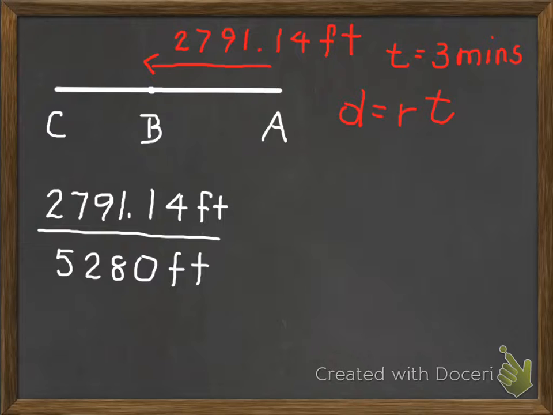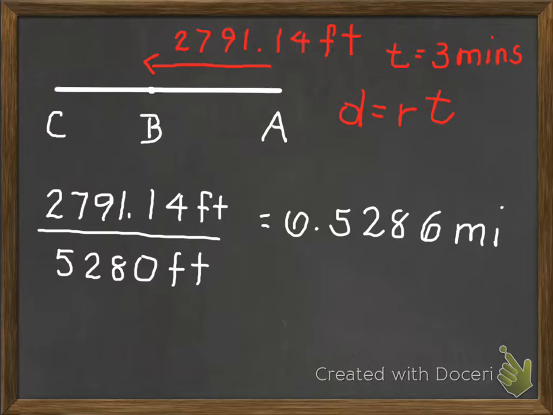So if we do that division, 2,791.14 divided by 5,280, we get 0.5286 of a mile. So this part here is 1 mile.